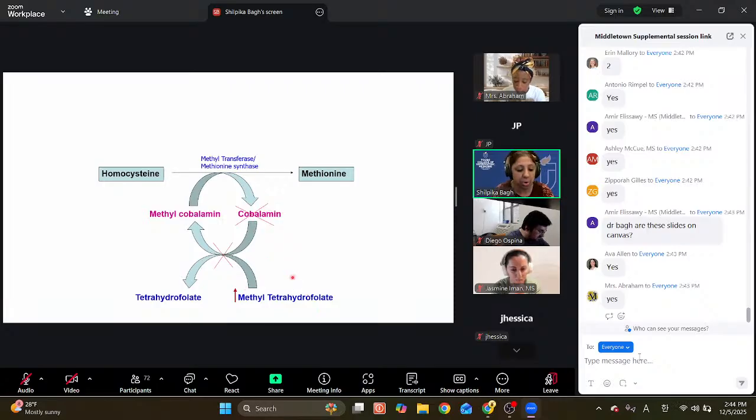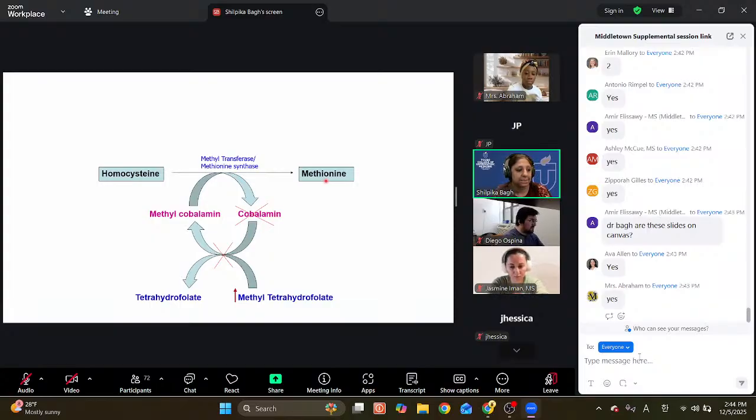Why don't you want a folate trap? Because you need free tetrahydrofolate to do purine synthesis, pyrimidine synthesis, and methionine synthesis. Secondly, in B12 or folic acid deficiency, what will happen to homocysteine and methionine levels?